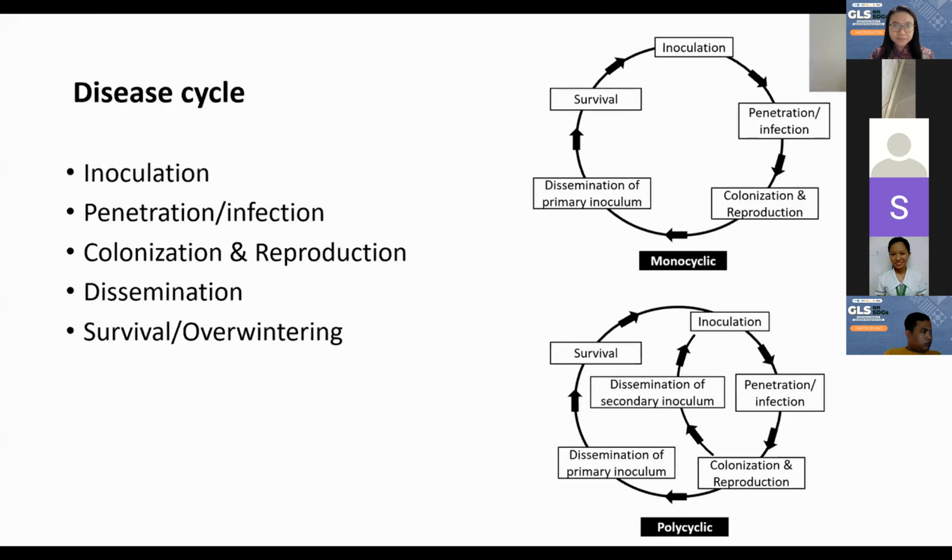When the pathogens reproduce, they usually form some sort of structure that can be dispersed by several means, such as structures that can fly with the air, that can be carried by insects, or that can be dispersed by water, and so on.